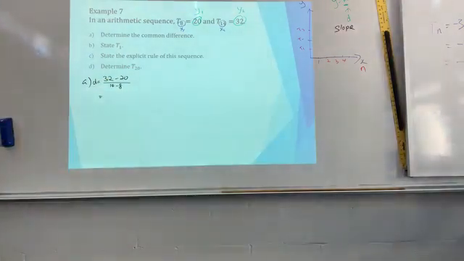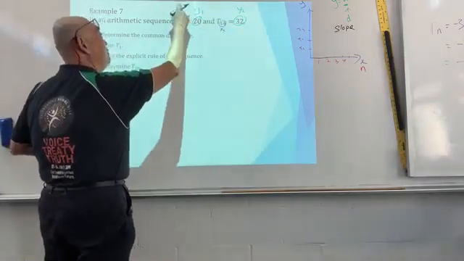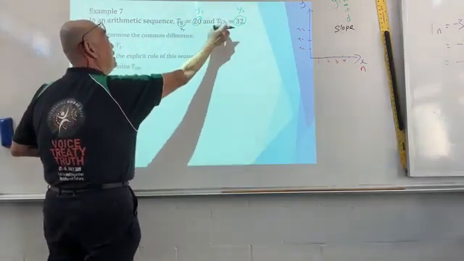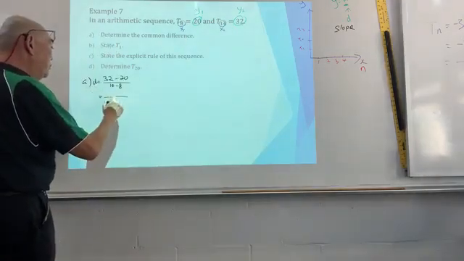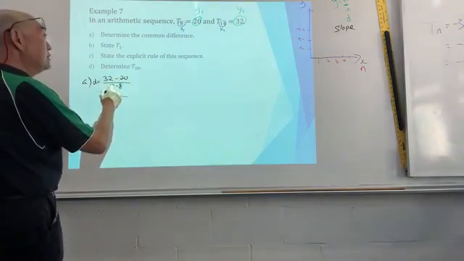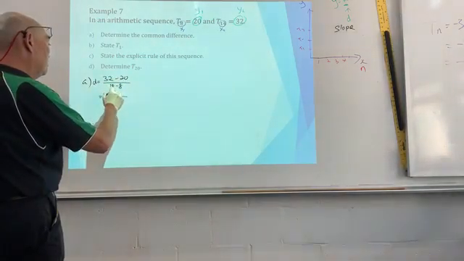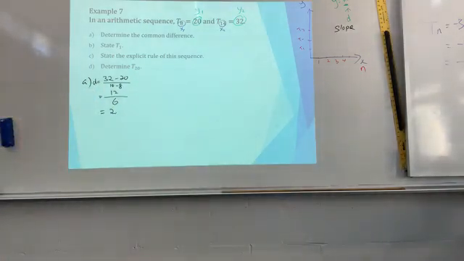That's the slope, your y2 minus y1 over x2 minus x1. So use T14 minus T8 over the difference between the n. You've got 14 minus 8, which is 6, and 32 minus 20, which is 12, which gives me 2. So the difference is 2.